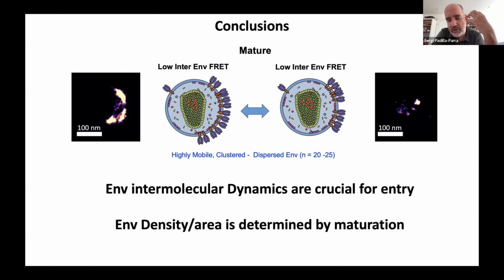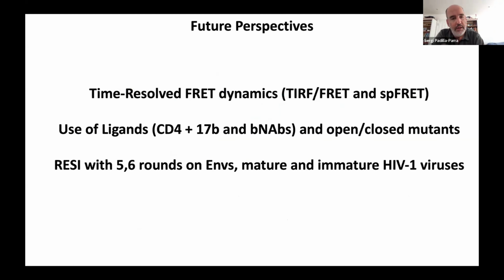This was already shown by Leo James and other groups like Beijun Zhang using cryo-electron tomography, but it happens in real viruses, and there are a number of mutations that produce these phenotypes, and it's interesting to see how they impact the dynamics of the envelope glycoprotein.